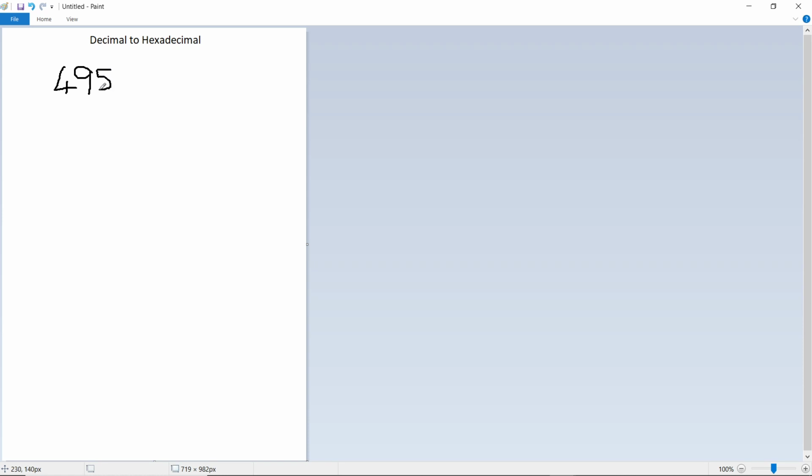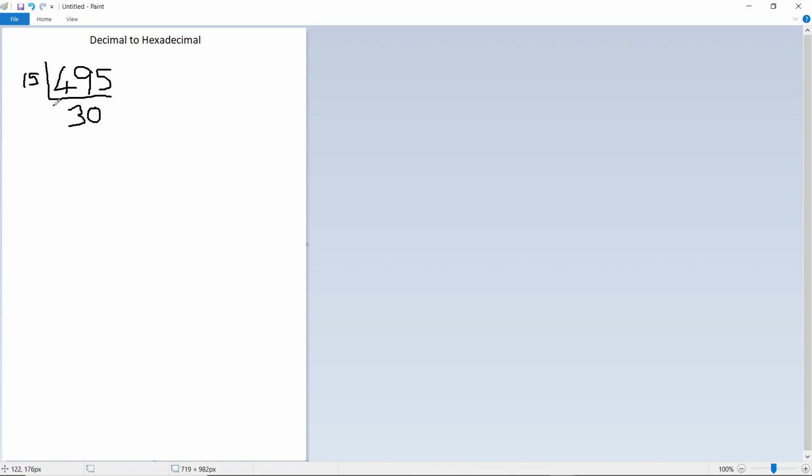That's our decimal number, and we want to make it into a hexadecimal number. So here we go. 16 goes into 495 30 times. You will obviously need a calculator to do this. So 495 divided by 16 gives me 30 times, and I've got a remainder of 15. So 30 times 16 plus 15 gives me 495.